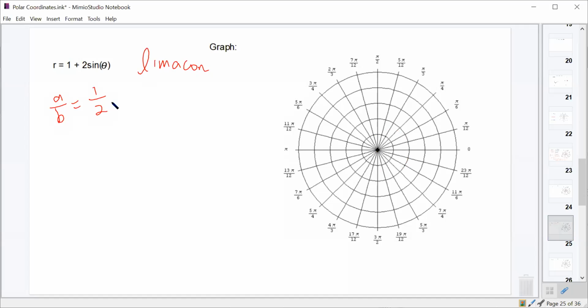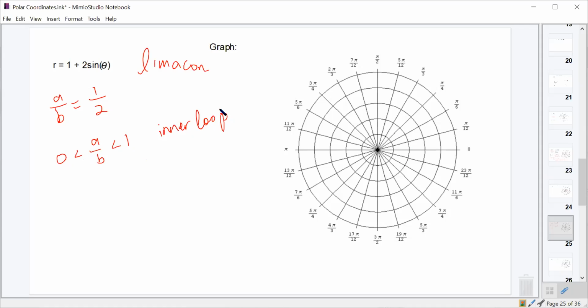And so anytime we have a ratio between 0 and 1, so if A to B is less than 1 but greater than 0, these limaçons end up having an inner loop to them.